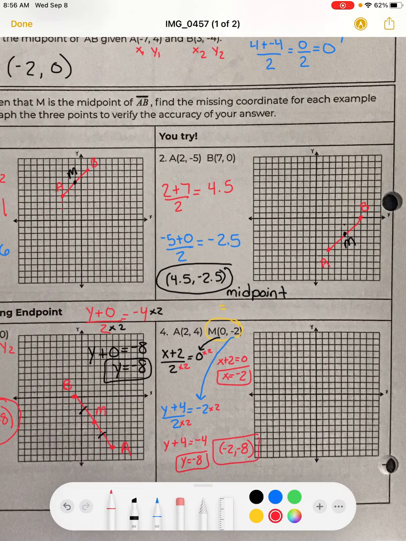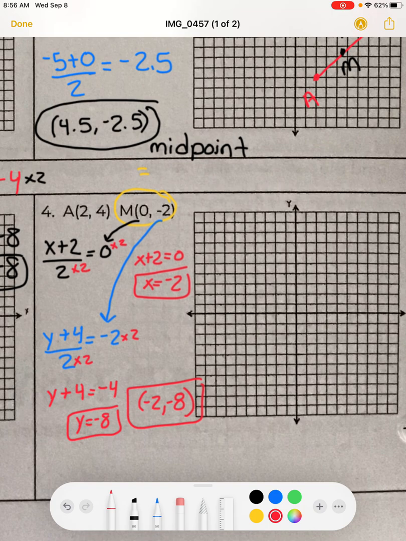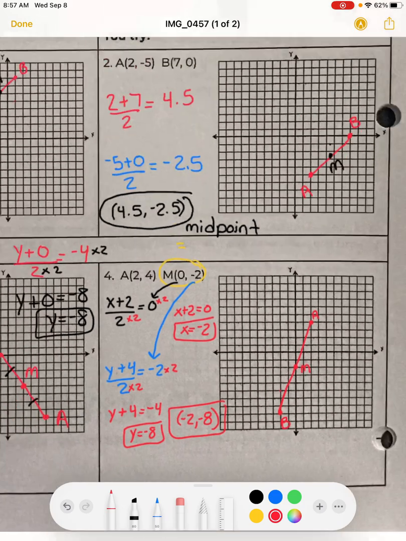We'll graph our points: 2, 4, then 0, negative 2, and then negative 2, negative 8. Does that make a line segment where AM and MB look to be the same length? And they do. So that is correct.